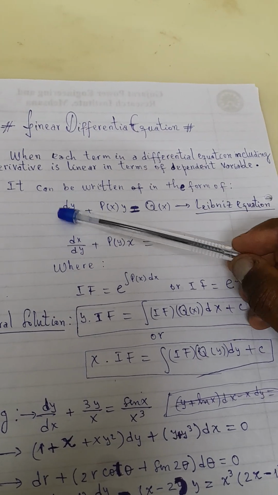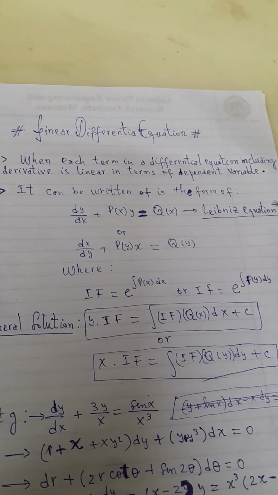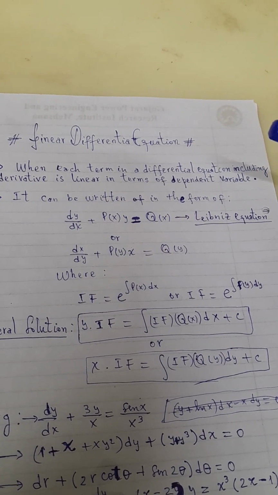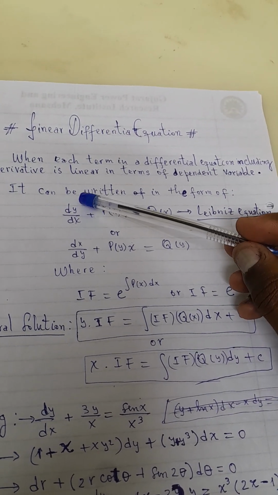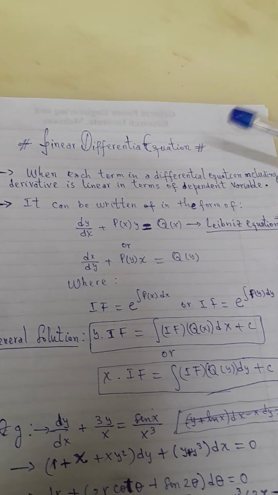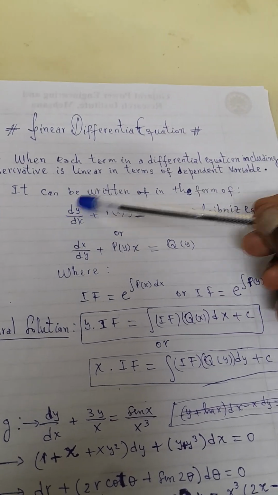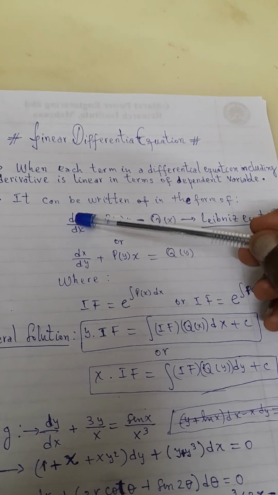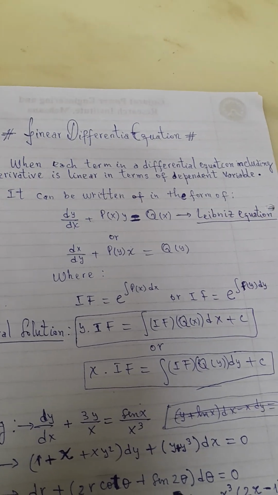What do we mean by a linear derivative? Here we have only a first order derivative. If I differentiate y, which is the dependent variable, the derivative of y is linear.